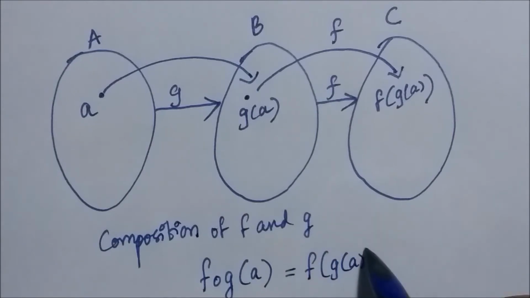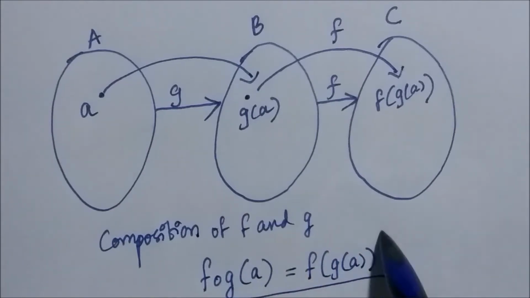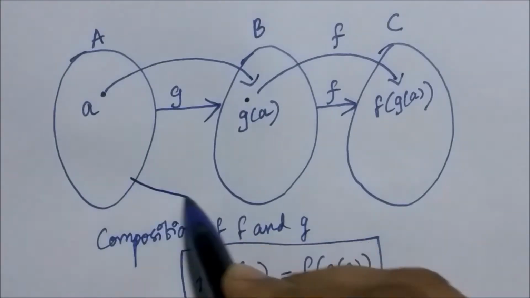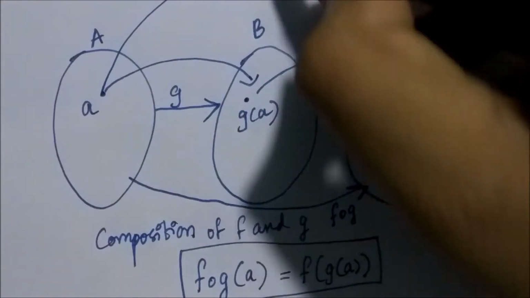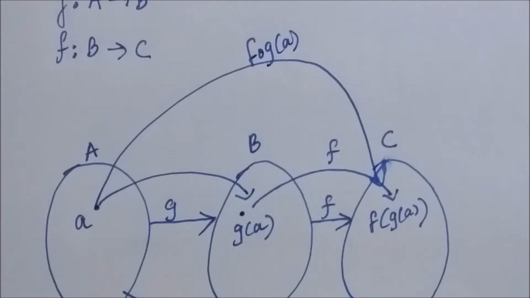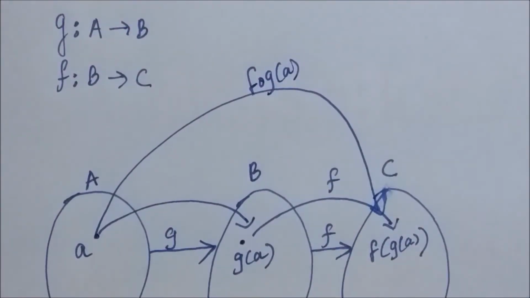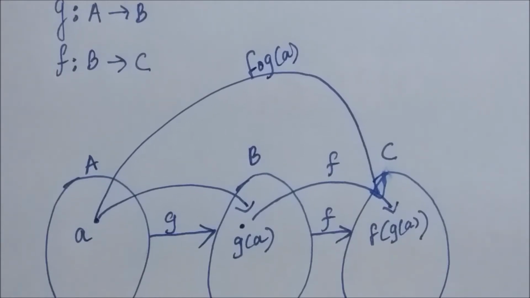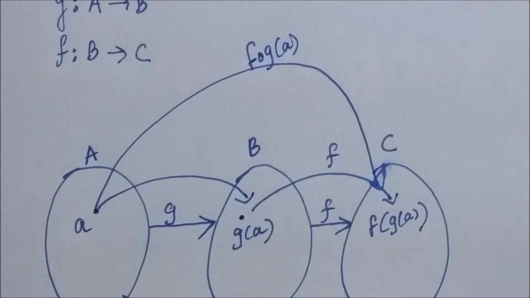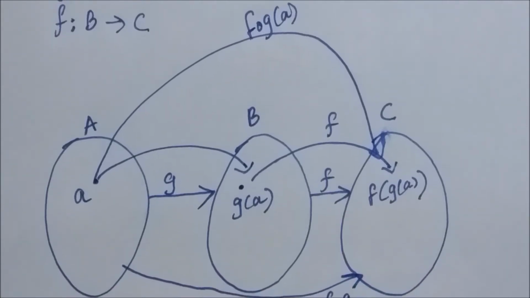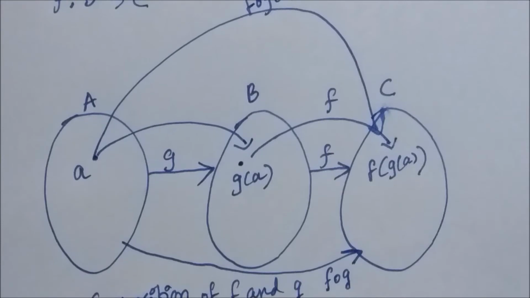Alright, so F composition G is a function from set A to set C, right? And an element small a in the capital A is mapped to the element F of G of a in the set C. In other words, F composition G is a function that assigns to the element small a of the set capital A the element assigned by function F to G of a.